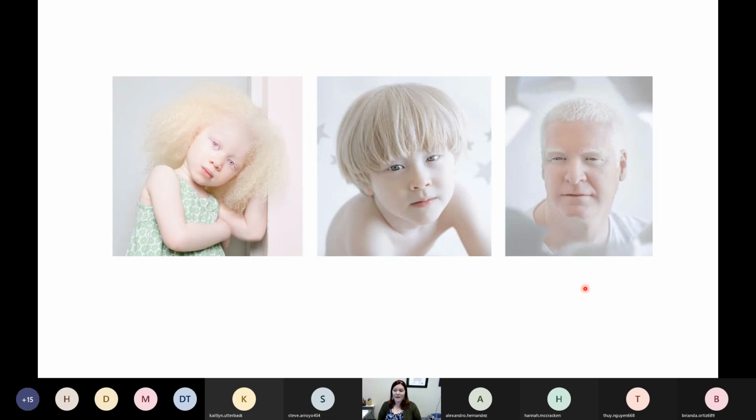Exactly, like Brianda mentioned. Depending on how severe their albinism is, many of them can hardly spend any time at all outside because they have no protection from UV radiation. So really good sunscreen, protective clothing all the time.